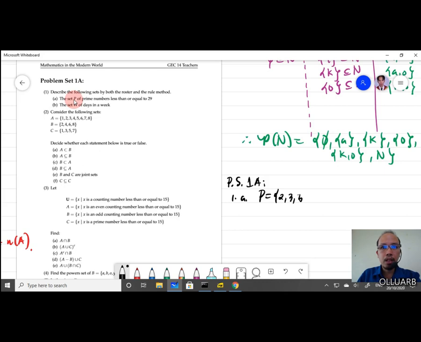So we have 2, 3, 5, 7, 11, 13, 17, 19, 23, 25, no, less than or equal, so 29. Okay, 25 is not a prime number. 26 is not a prime.